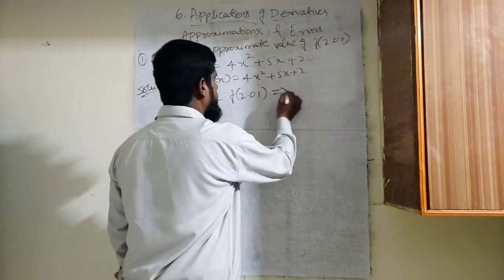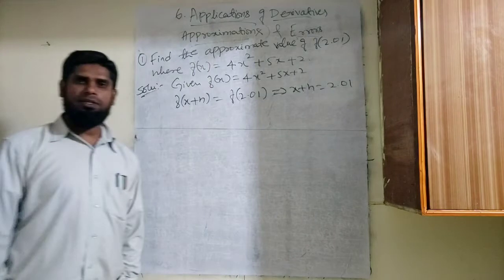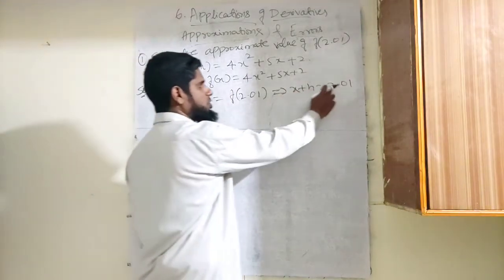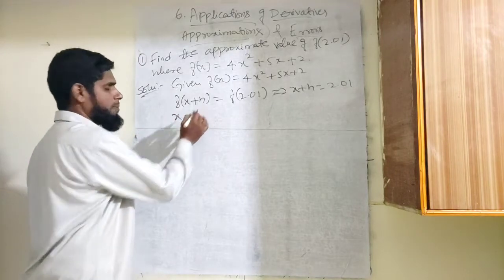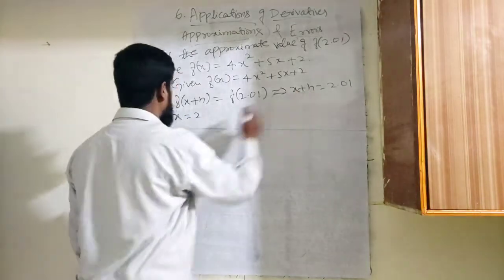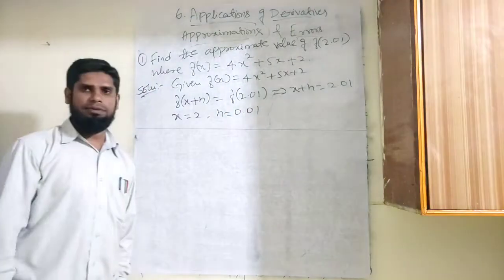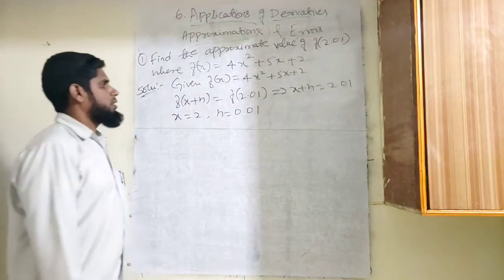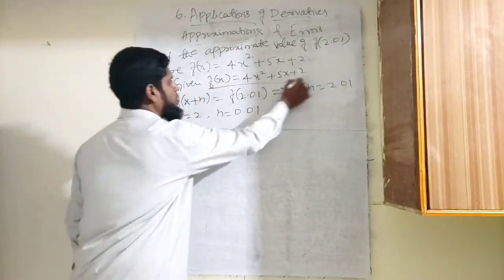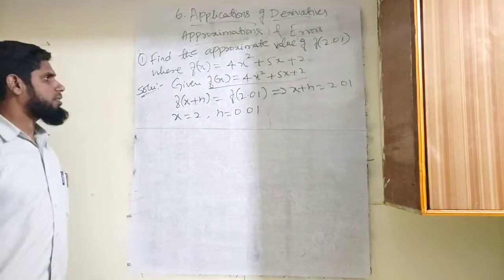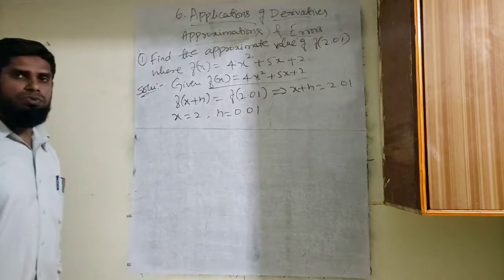So this says that our x plus h is 2.01. If my x plus h is 2.01, then definitely my x is 2 and my h is 0.01. At x is equal to 2, I should find the value of this function. Then I should find its derivative also at x is equal to 2.